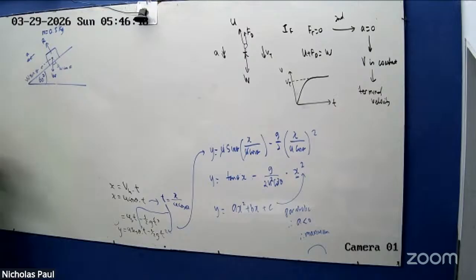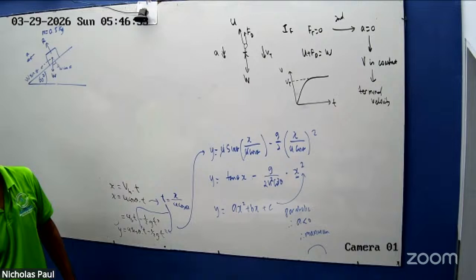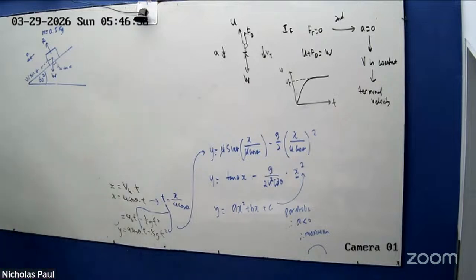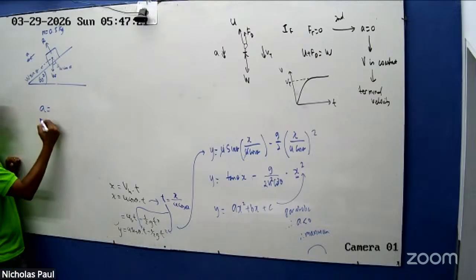See if we can find acceleration now. They wanted to find the acceleration of the object as it's going down. So what's the formula you're going to use to find a? a is equal to what?